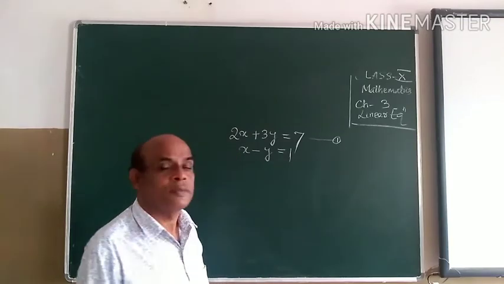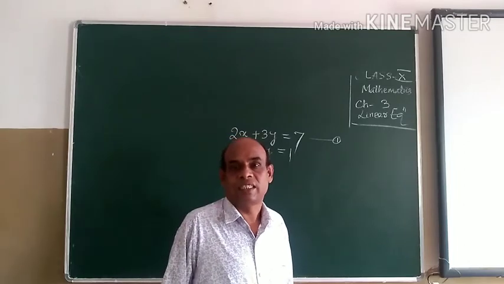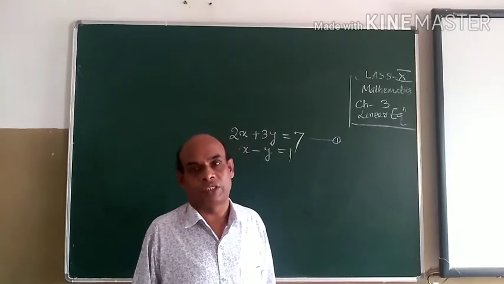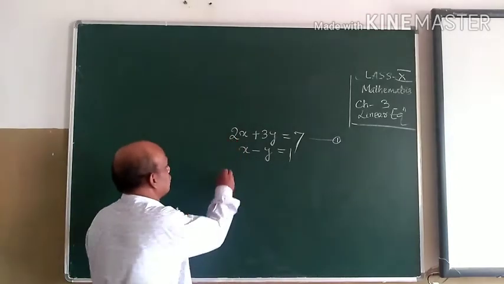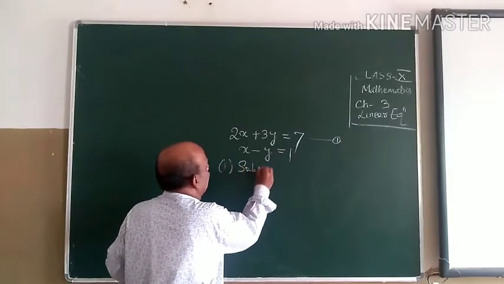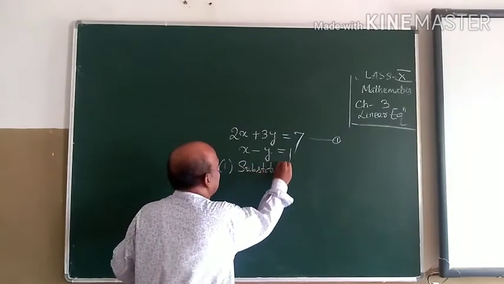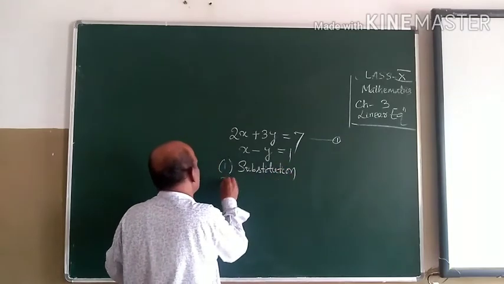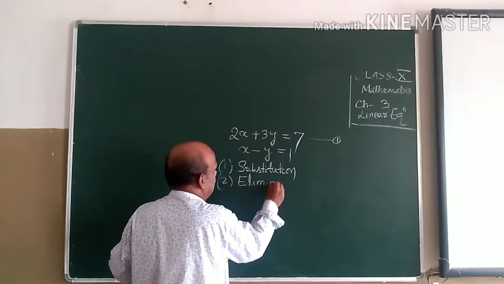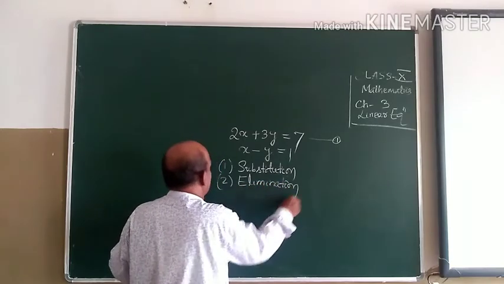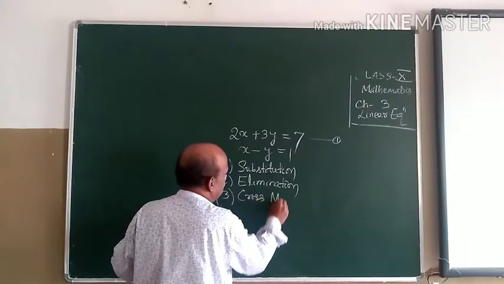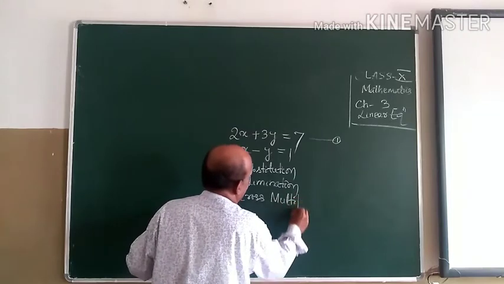Remember, in class 10 we will solve the linear equation only by three methods. One is called the substitution method, another is called the elimination method, and the third method is called cross multiplication.